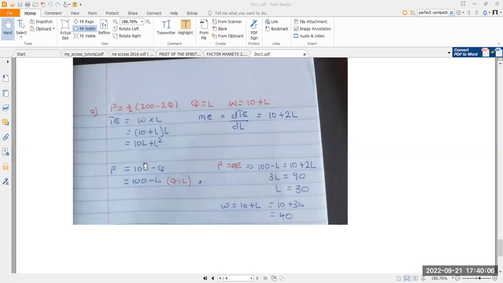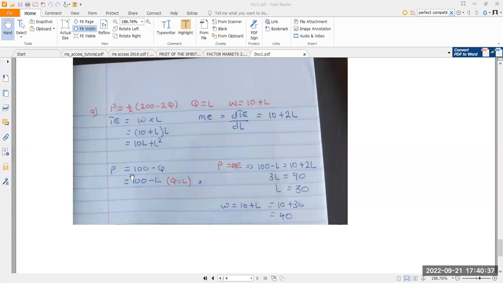For this case, the firm was a competitive firm. So from here, P will be equal to half times 200 is 100, half times 2K is K. So P is equal to 100 minus K. But because K is equal to L, we have 100 minus L. So we equate P to marginal expenditure, then we solve for L. So 100 minus L is equal to 10 plus 2L. Solve for L. After getting L, you go and put it in the wage function to get your wage.